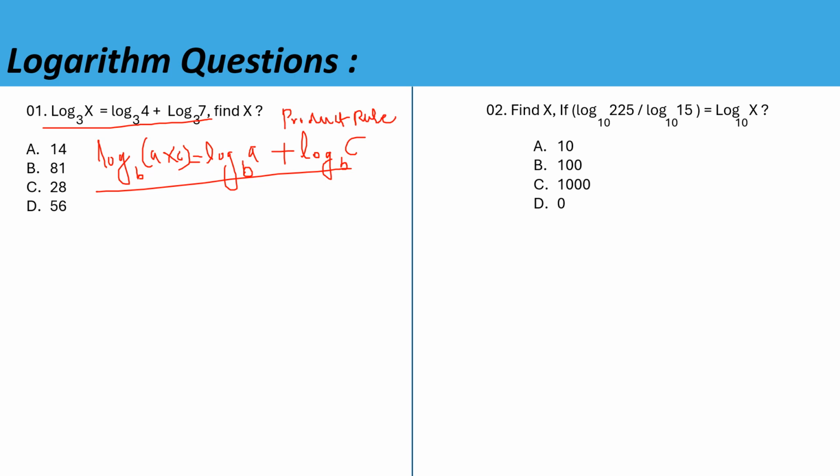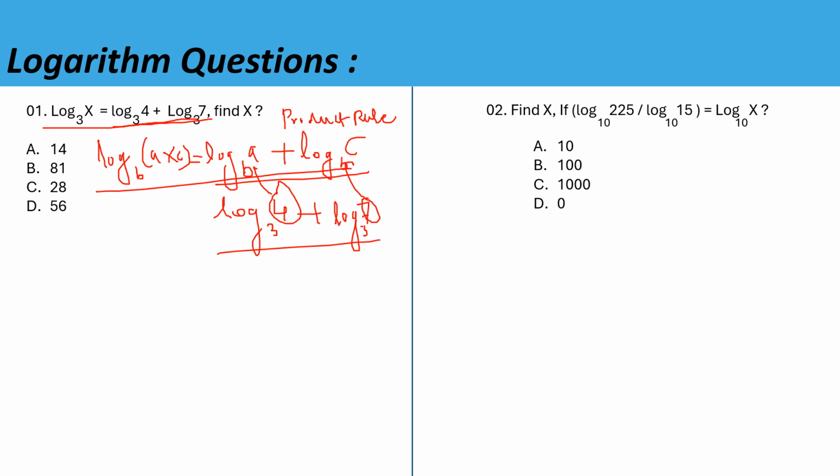Okay, we have now what? Log 4 to the base 3 and log 7 to the base 3. So this is our equation, so we will write it over here. Log 4 to the base 3 plus log 7 to the base 3, and this is our a and this is our c.